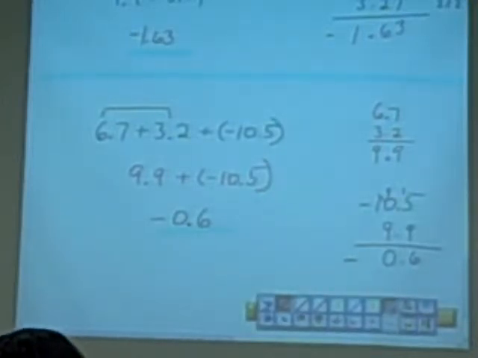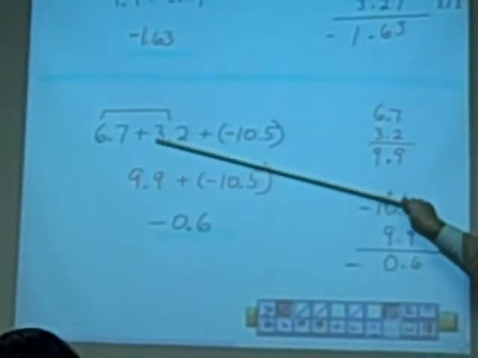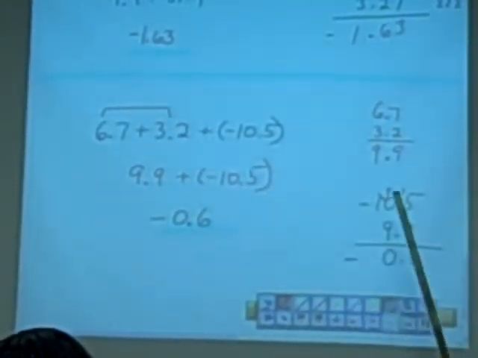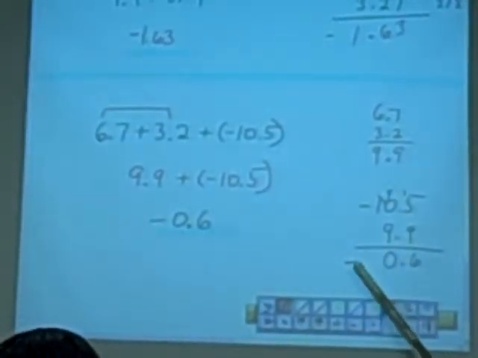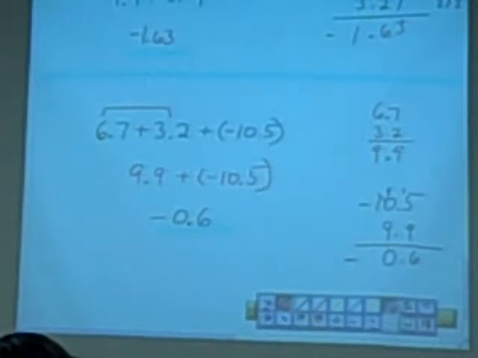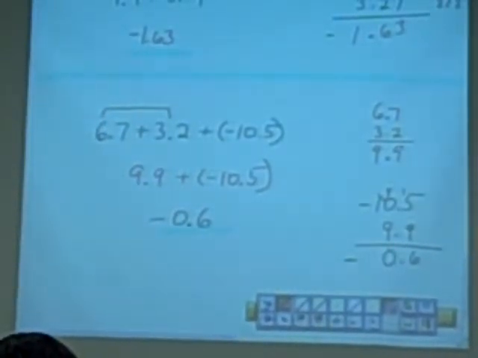The main thing you have to watch out for is, the first step you added, the second step you subtracted, and you have to remember to bring that negative down, because that's something you're not used to doing, and it's an easy thing to forget. Okay? Alrighty. Any questions? Alright, let's go to a new page.